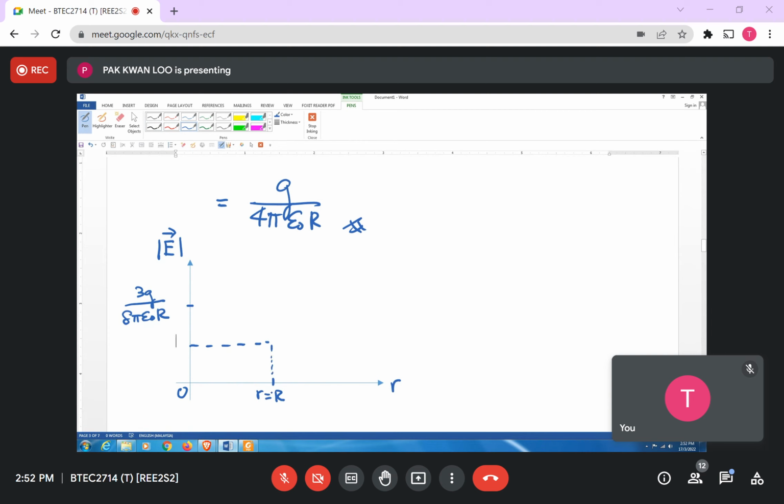So when r equals R, it is q over 4 pi epsilon naught r. So the curve profile may look something like this. So it is a quadratic.